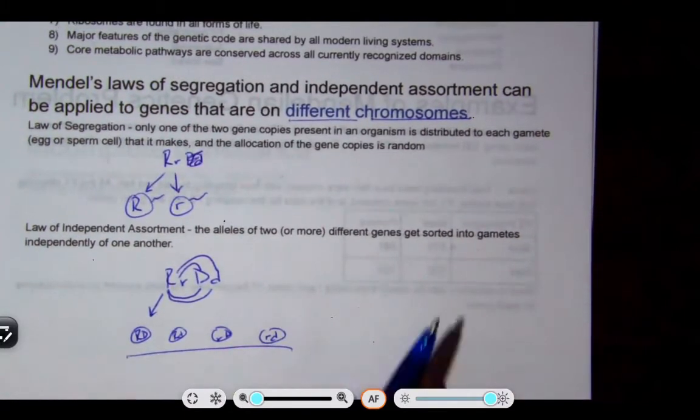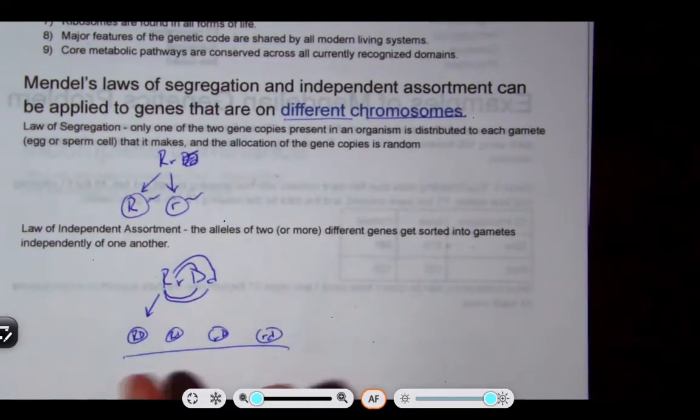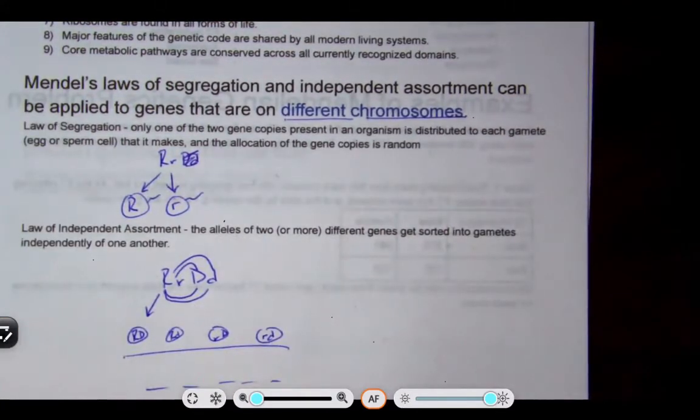The reason for the law of independent assortment is that when the chromosomes line up in the formation of sperm and eggs, you have mom's chromosomes and dad's chromosomes lined up opposite of each other, but they don't end up with all mom on one side and all dad on the other.